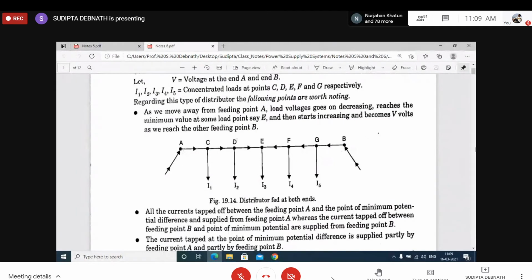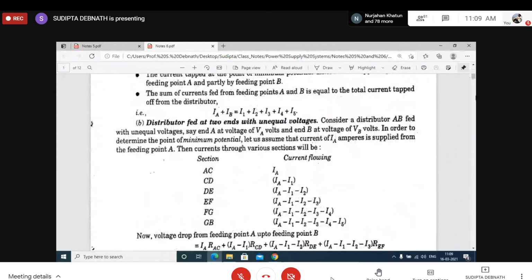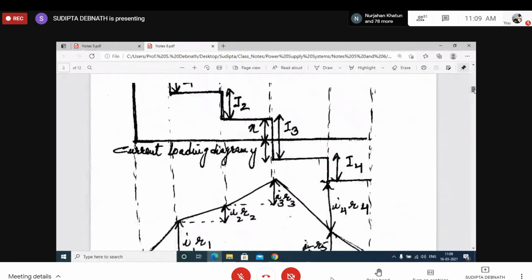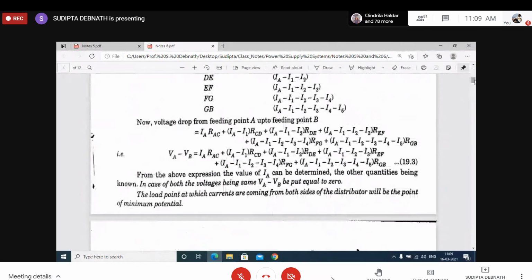If the voltages are different, then VA minus VB will have some value. But if the voltages are equal, this will be 0. So you can find out the different unknown parameters from this equation.